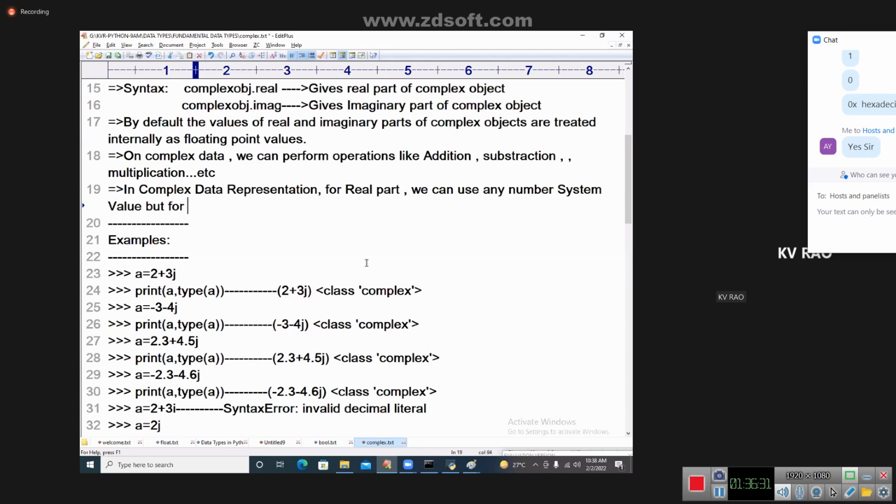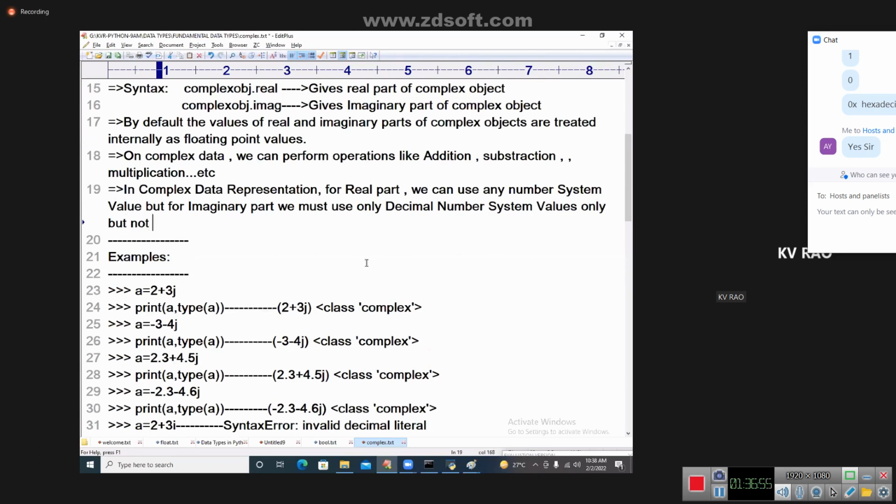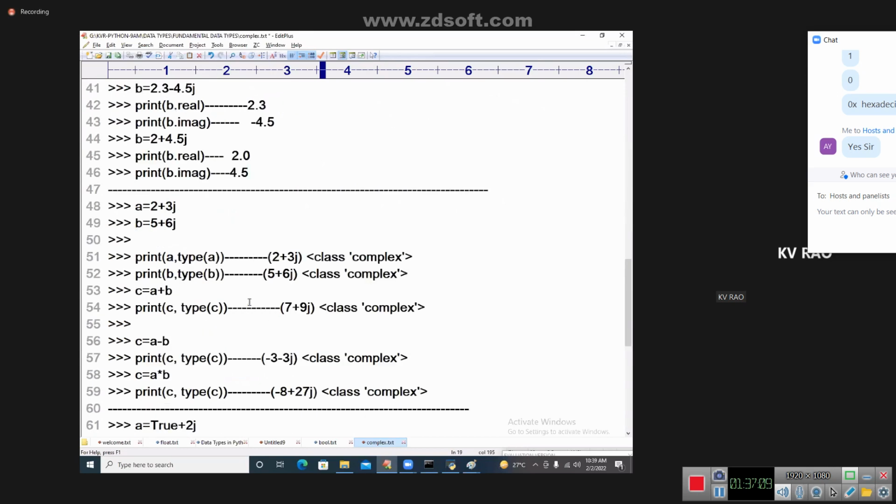But for imaginary part, we must use only decimal number system values only, but not other number system value, not binary like this, because already you have seen this error.